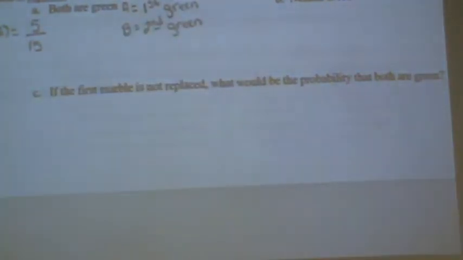So we have 5 green marbles, and that's going to be over our entire set, which is 6 red plus 4 blue, so that's 10, and then plus 5 green. So we have 15 marbles total. So we end up with 5 over 15. And then again, getting a decimal, we'll get 0.333.